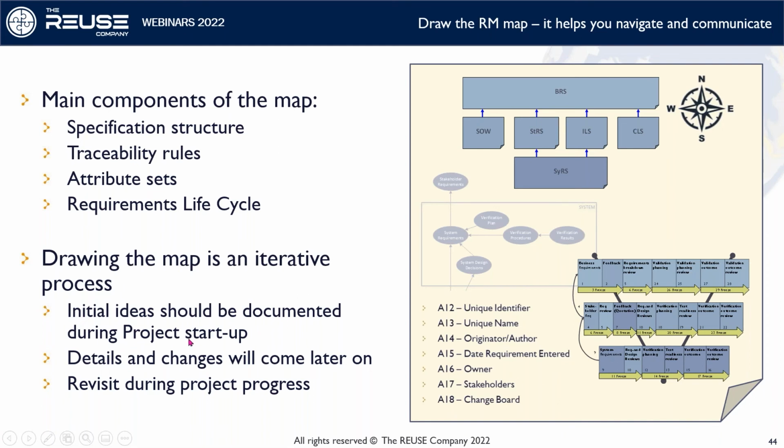Document this during project startup, but you will of course need to revisit it during the project or the life cycles that you're following, because you may find different needs popping up, and you may figure out smarter ways to manage data and so on. But if you have a map, it's easier to update something and say, now this is the way we do it, communicate that, rather than just change it and hope that people understand what you mean.